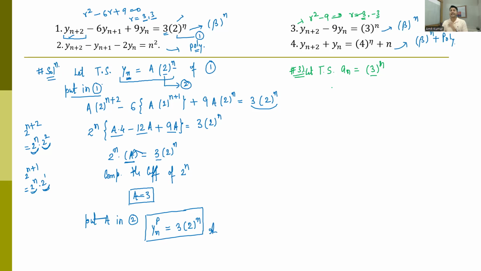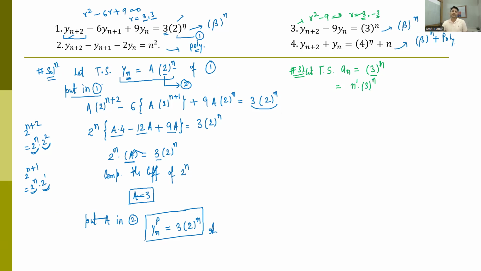So we will modify this trial solution, since 3 is also the root of the recurrence relation. Let us see how we will modify this trial solution. The modified trial solution will look like n to the power 1 into 3 power n.